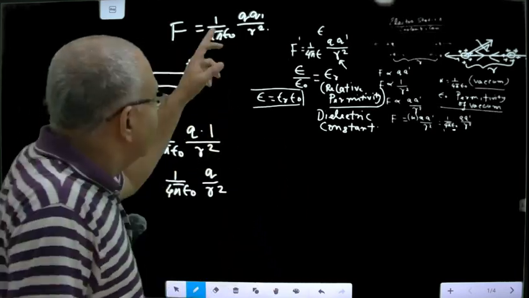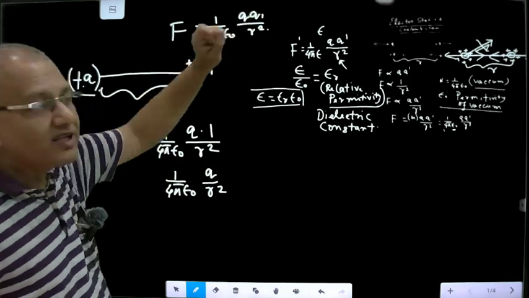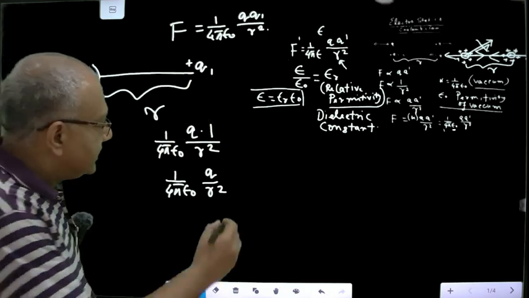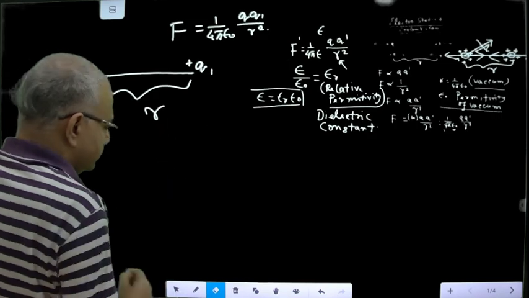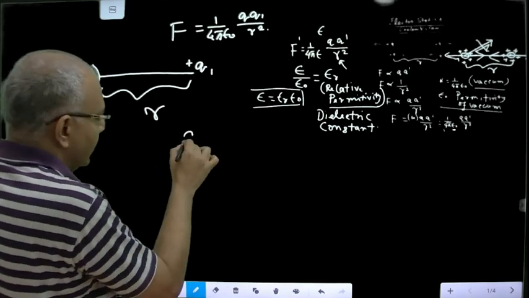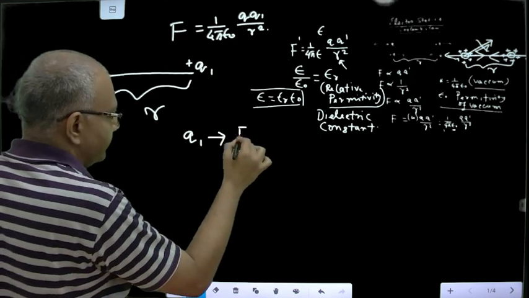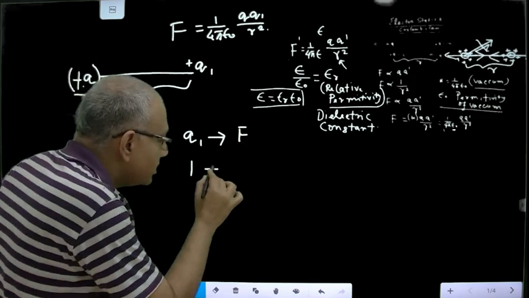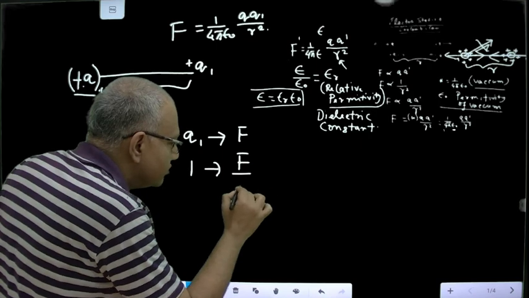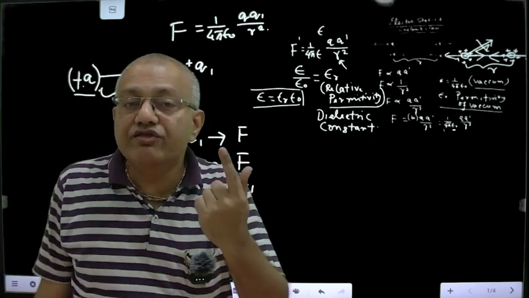So this Q1 is going to experience this much force F. So what will the 1 coulomb charge experience? F by Q1, according to our definition of the electric field intensity.